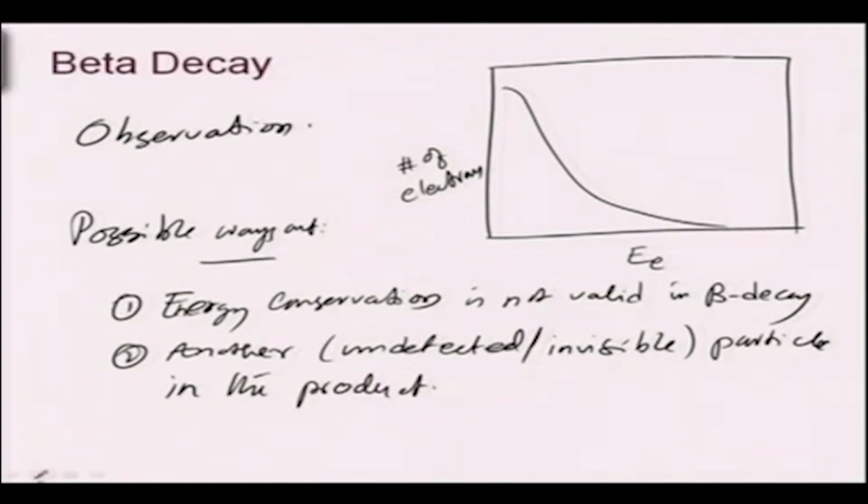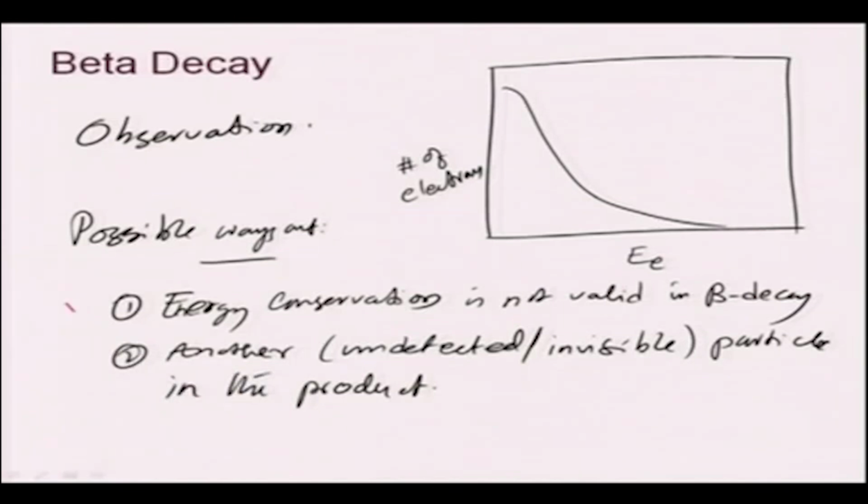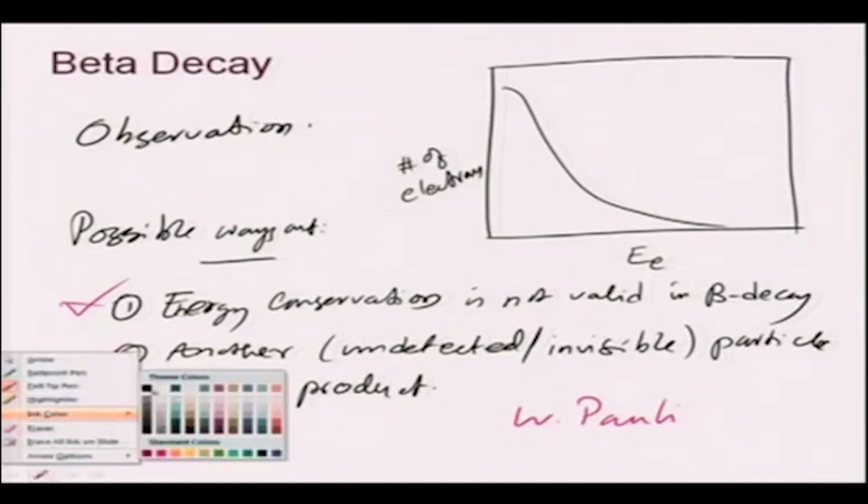So, it turns out that at the end of the day the first is not correct, and the second proposal by Wolfgang Pauli turns out to be the right solution to this problem.